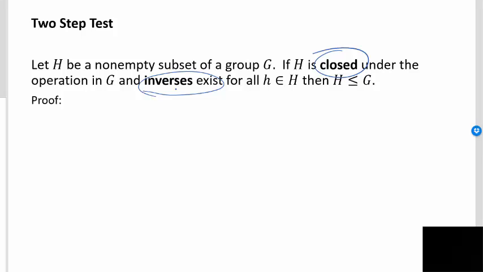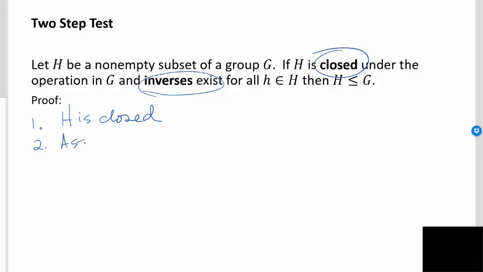Now, let's just see why this is true. Number one, you know that the operation is a binary operation, and you know that G is closed under the operation. So you should definitely show that H is closed. The other part of being a binary operation does not need proving, because we already know that if you operate in G, you get one unique result.